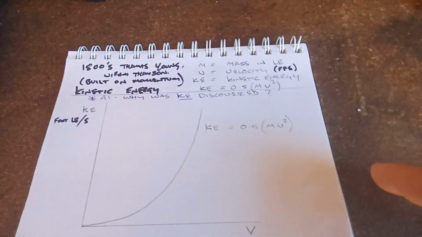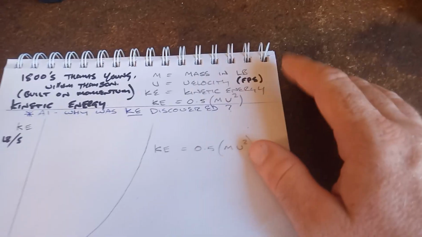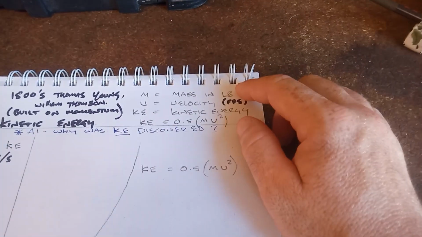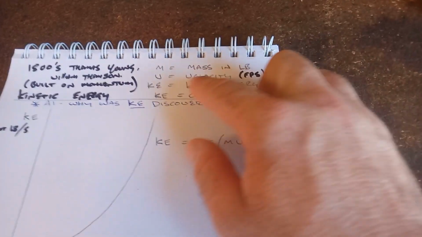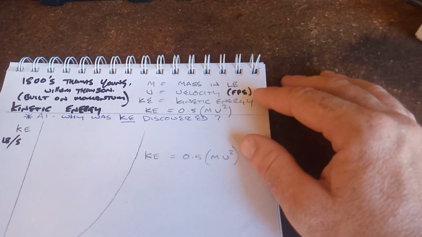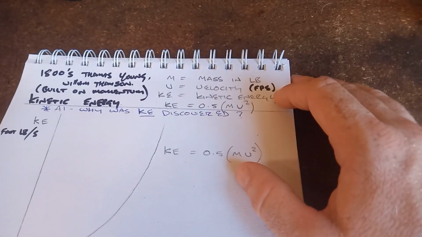So if we go over here to our graphical representation of kinetic energy, we can see here that we have, as I said before, our variables. So we've got our mass, and in kinetic energy that is measured in pounds. We've got a v, which is velocity, and that's measured in feet per second. And KE stands for the amount of kinetic energy yielded.